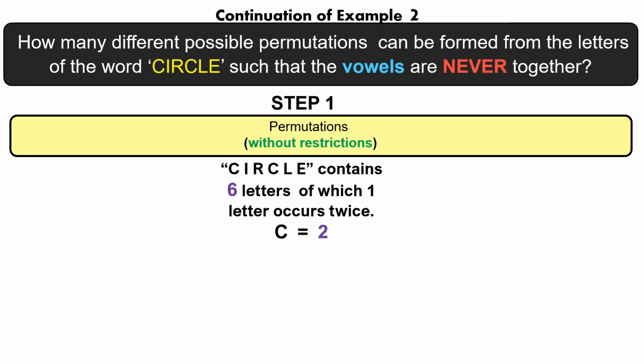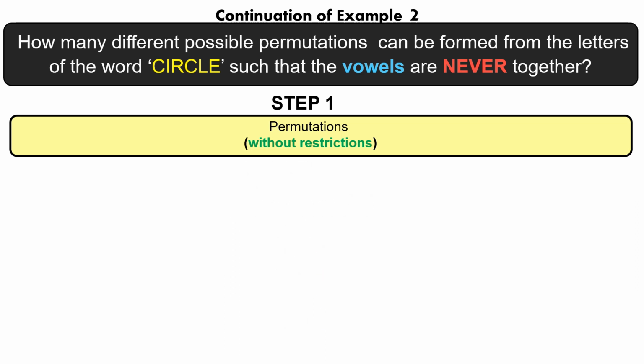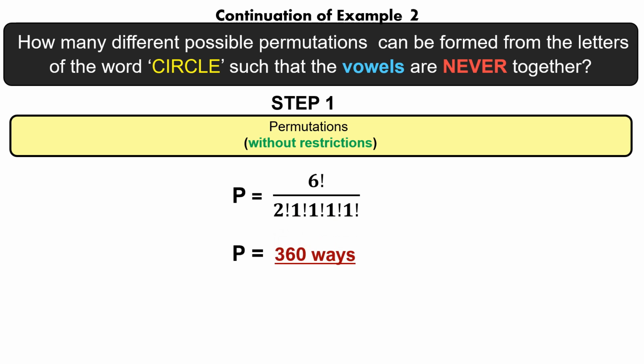Letter C occurs twice, and the rest of the letters I, R, L, and E occur once. Since letter C occurs twice, therefore, we'll apply the distinguishable formula. Thus, the permutation without restriction of the word circle is 360 ways.